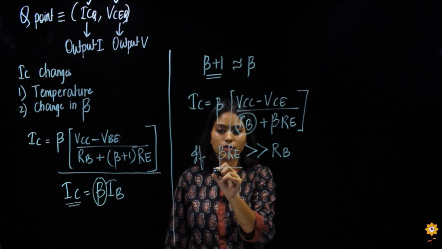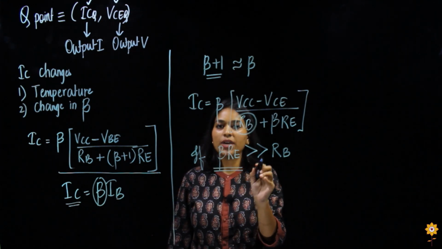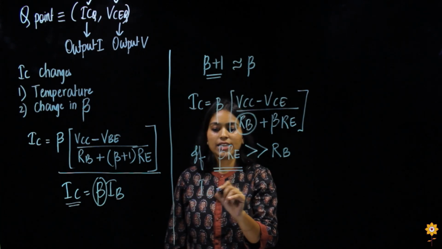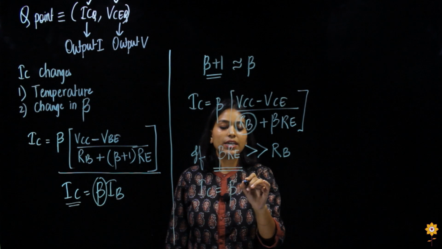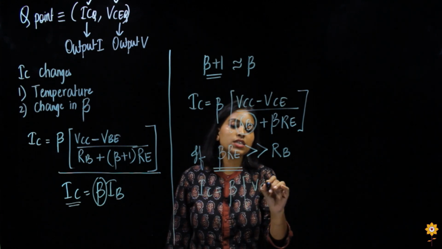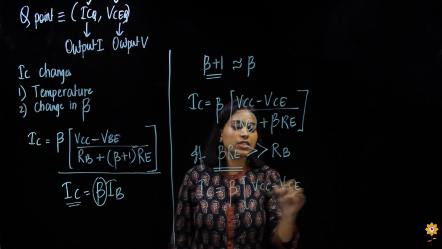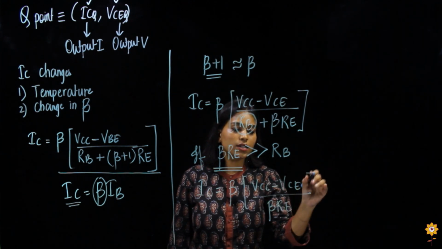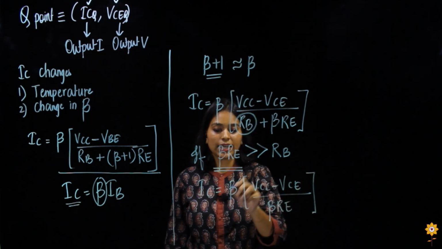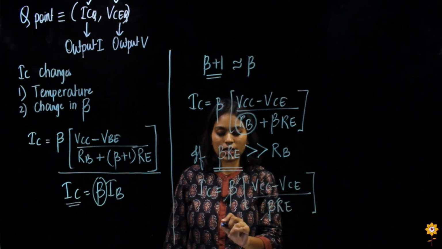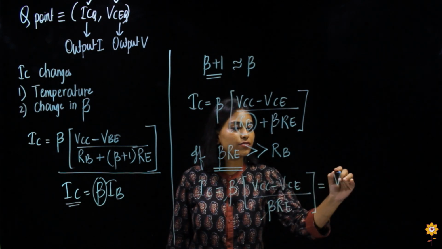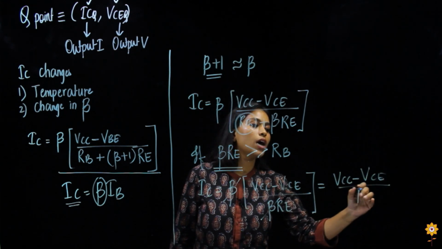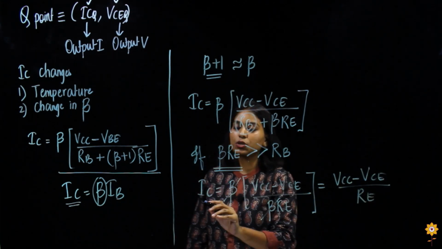If beta RE is very much greater than RB, we can write IC is equal to beta into (VCC minus VCE) upon beta RE. So here we can cancel out this beta and this beta, and then we get (VCC minus VCE) upon RE, which is equal to IC.